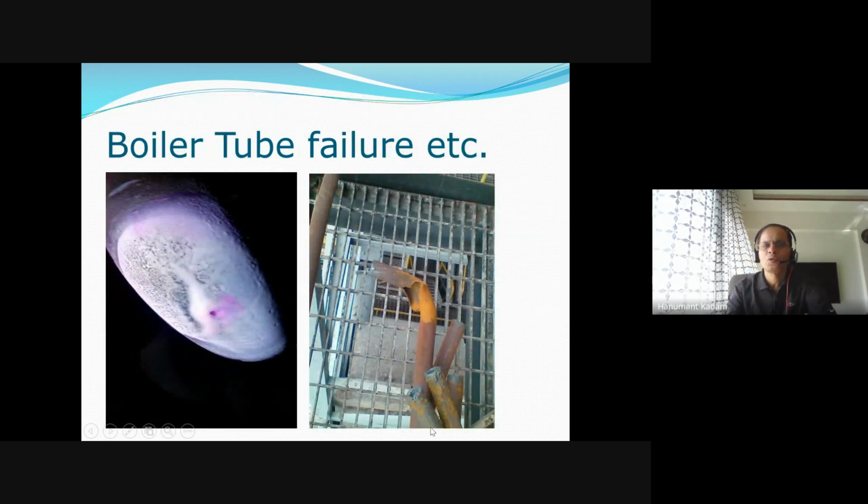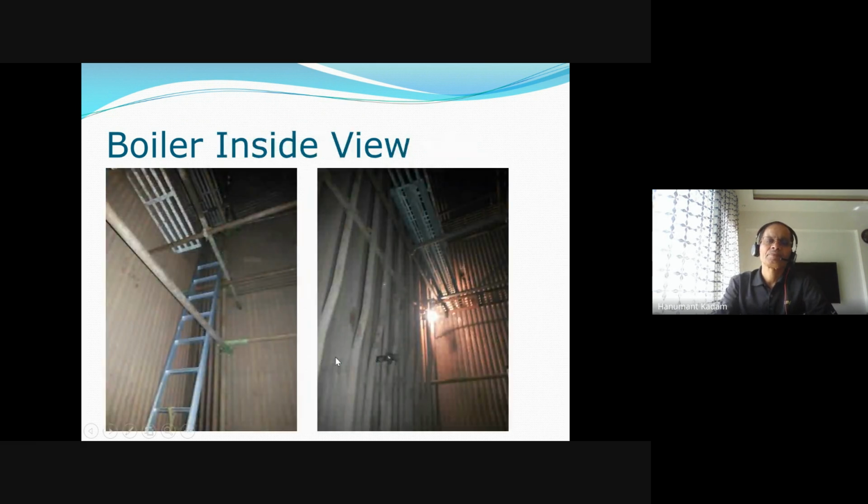Boiler tube failures, you can see in this picture. These are the boiler tubes which get damaged. This picture is used for demonstration of how they get damaged. This is the inside view when it was taken for maintenance.